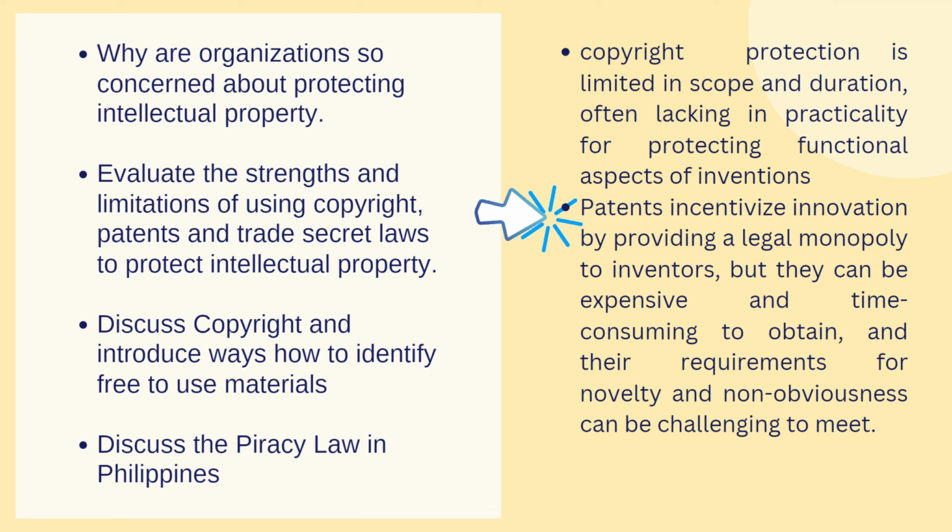It is relatively straightforward to obtain and enforce, providing broad protection for a wide range of creative works. However, copyright protection is limited in scope and duration, often lacking in practicality for protecting functional aspects of inventions. It has a limited scope and duration, meaning it is time-bound.